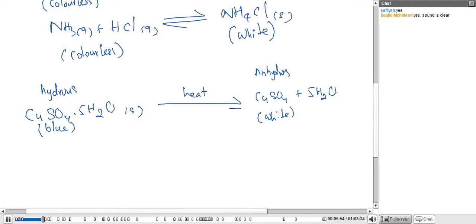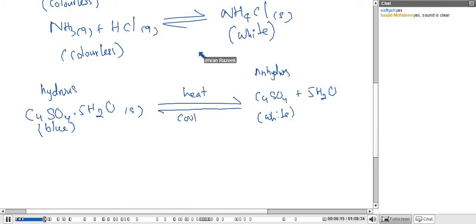But when you cool, the backward reaction will occur. When the temperature is decreased, the anhydrous copper sulfate gains its 5 water molecules and forms the hydrated copper sulfate. So for this particular reversible process, you have to change the condition in order to make it reversible.